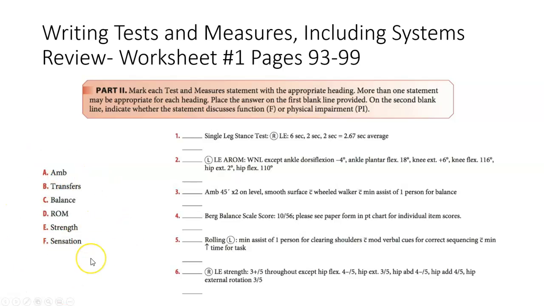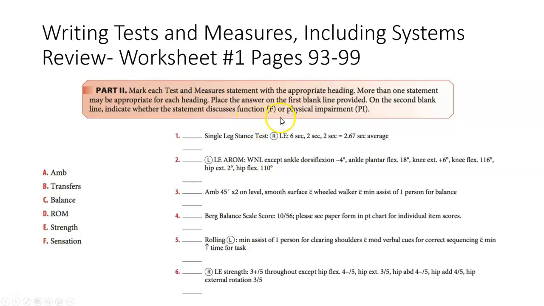For subset 2 and part 2 there, we're going to be looking at the different components within the tests and measures aspect. So there are 2 lines here, 2 things you're going to fill in. The first is for the component that's documented with regards to a completed test or measure. You're going to first mark on the first line which category that is, whether it's an ambulation, a transfer, balance, range of motion, strength, or sensation.